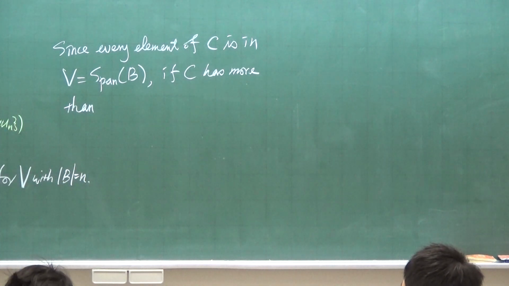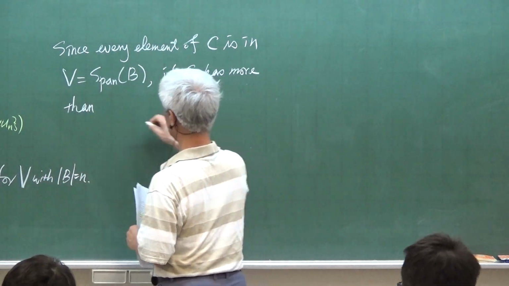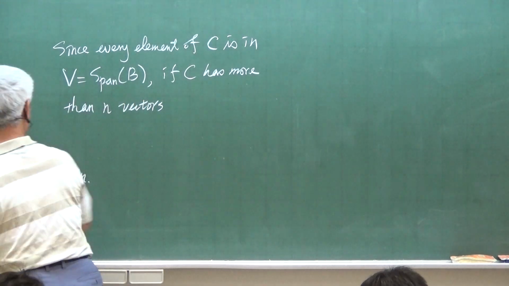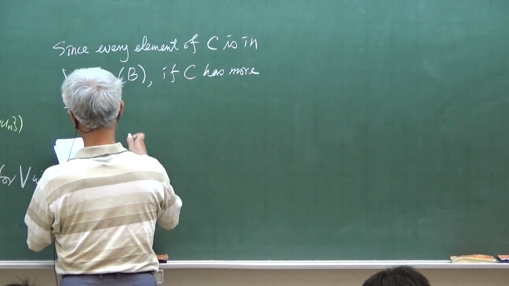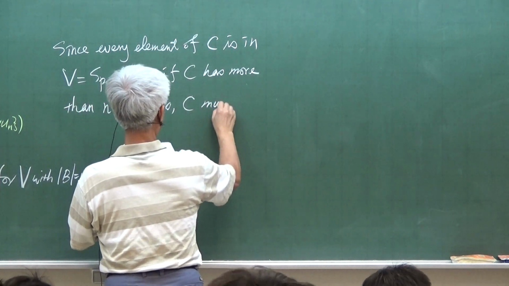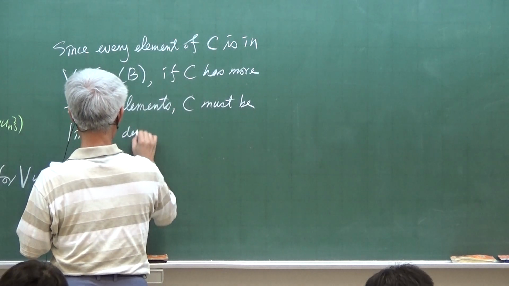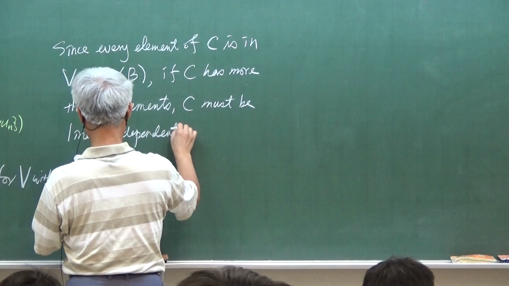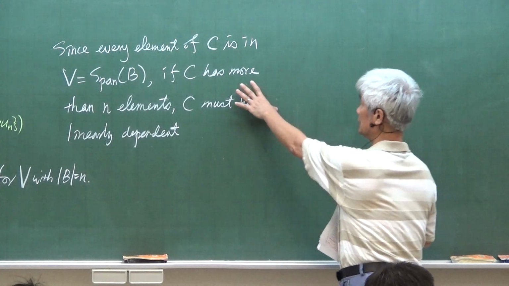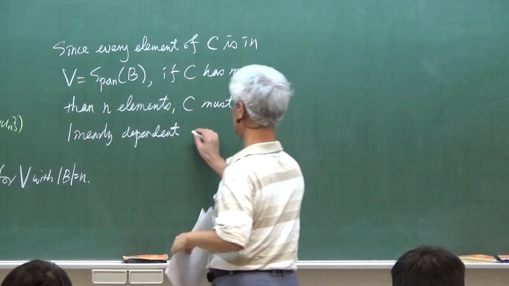Right. So maybe I will fix that. The size of B is equal to n. So if C has more than n vectors, or more than n elements, C must be linearly dependent. A contradiction.